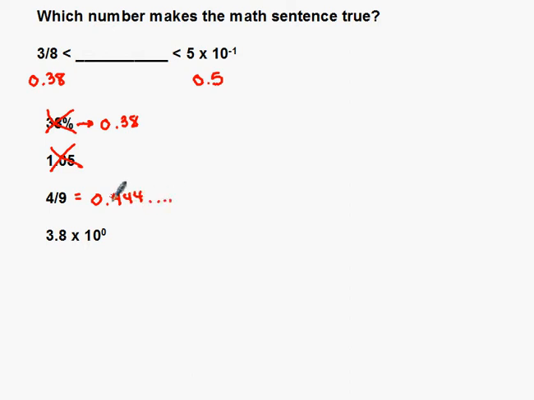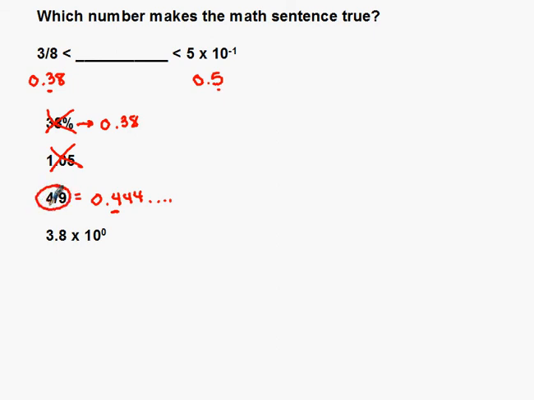And when I plug 0.444 repeating into this sentence, it is bigger than 0.38 because the 4, this first number in the tenths spot, is bigger than this first number in the tenths spot here. So it works here, and it also works here because the 0.5 is bigger than the 0.4444. So this is one of my answers.